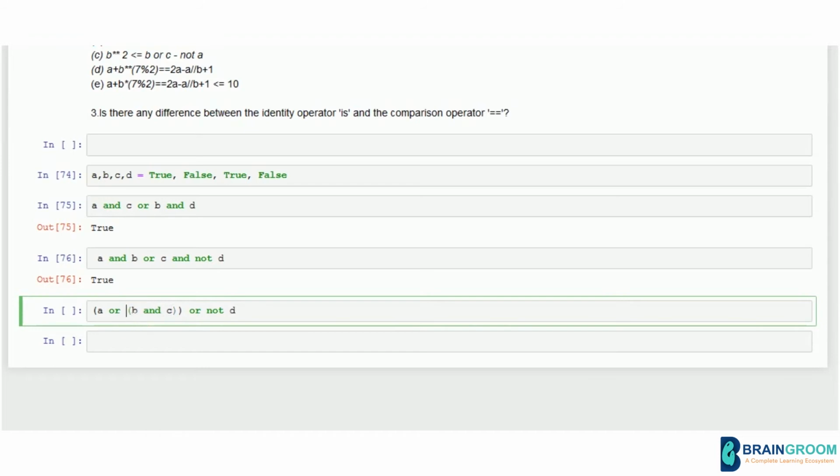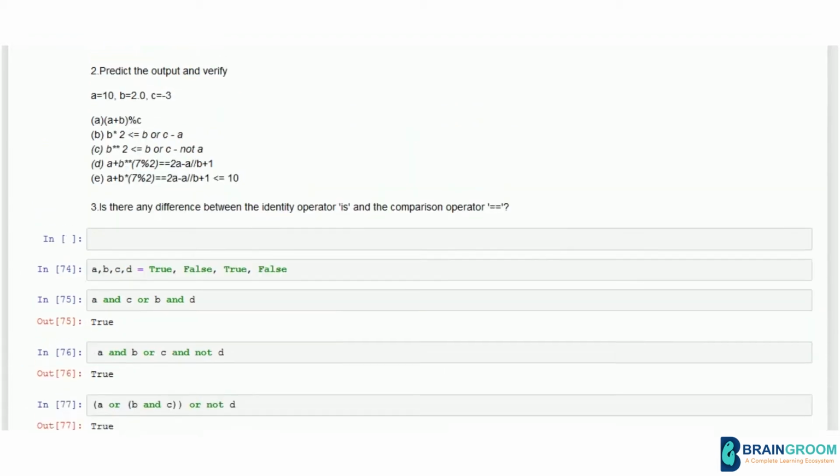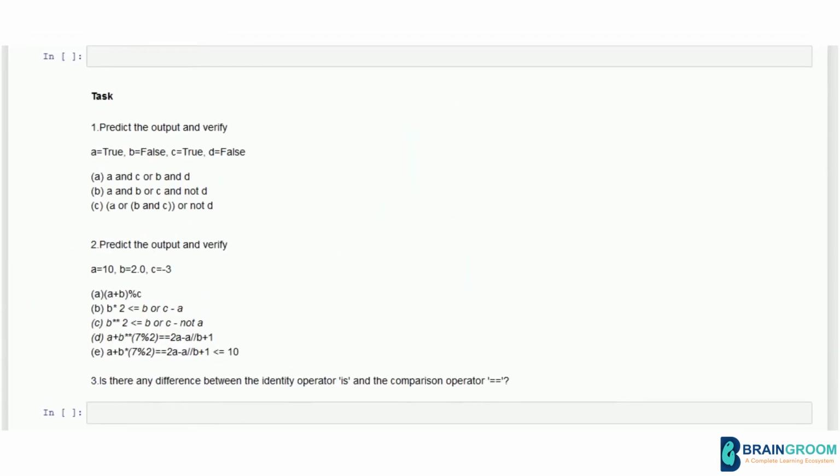So first the innermost expression was this, which we have reduced to False, and now we have A or False. A is True, so True or False is going to be True, and then we have True or not D. Again, here we don't have an operand, so first this not D is simplified, not D is True, so True or True is going to be True. So your final answer is True, right? So this is the solution for the first question.